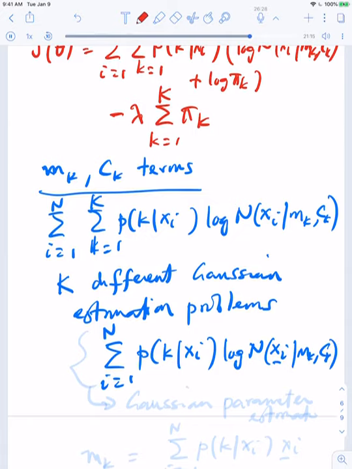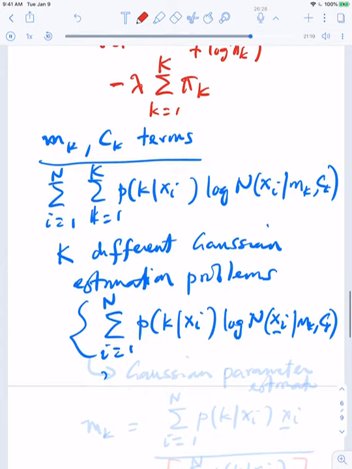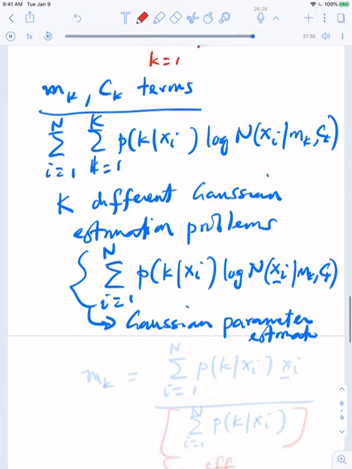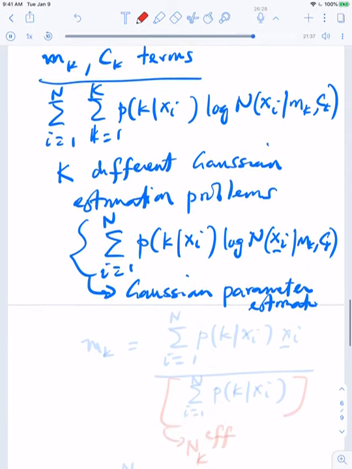So this is a Gaussian parameter estimation problem, where I am assigning different fractions of each training example to the different estimation problems, and the answers we have already given before, and I'm going to very quickly remind you of what the answers were.